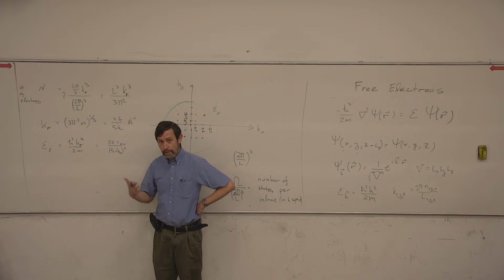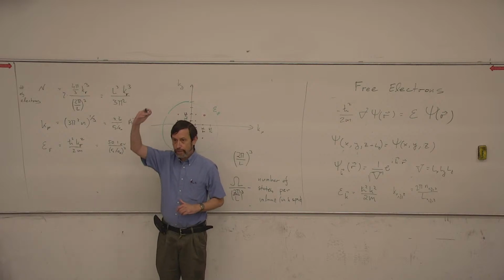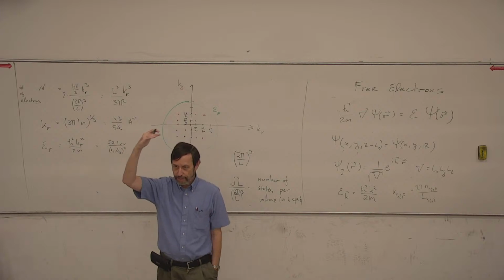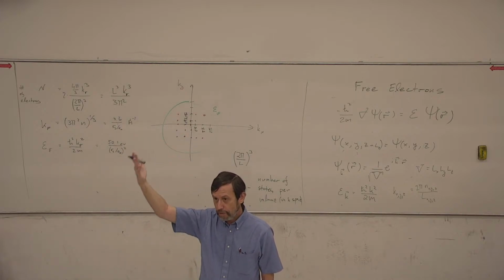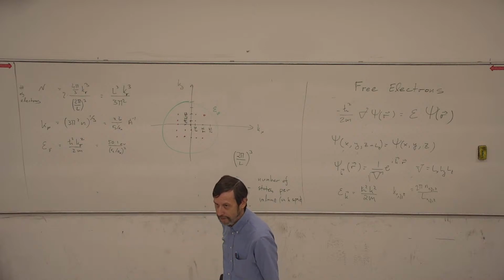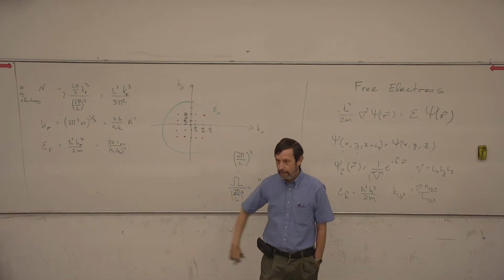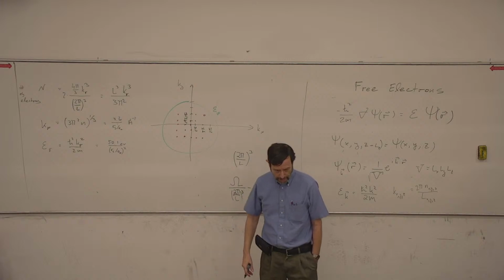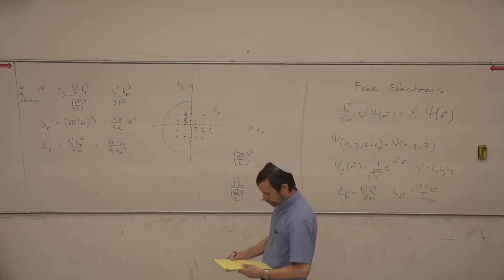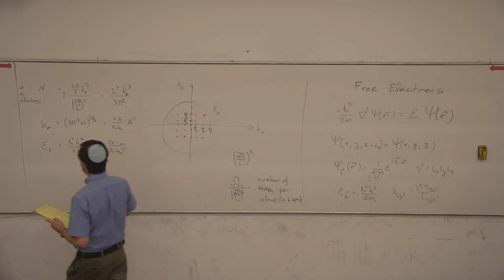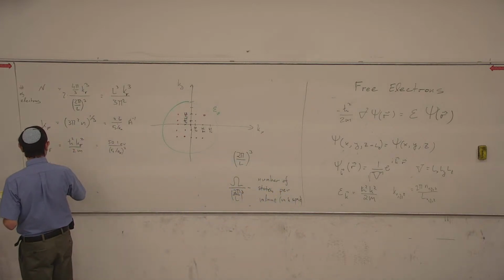Basically, the Fermi energy is of the same scale. The energy of the highest filled state is somewhere on the verge of the ionization energy of a hydrogen atom. Now, perhaps a number that will surprise you.